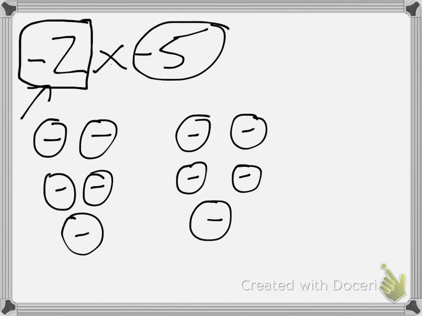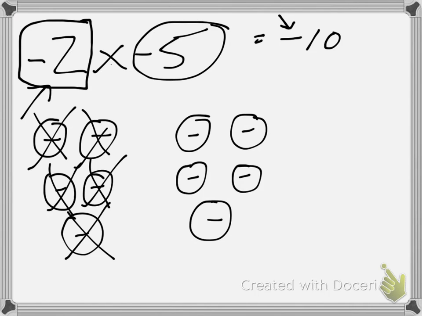Now, that might not make a lot of sense, but if you think about what this looks like, with 2 groups of $5 in the hole, you're already owing $10. So you're already negative $10 in the hole. But if you're subtracting 2 groups of 5, what that means is that you're actually taking away some of that debt. So if I show that by scratching off, if we subtract 1 group of 5, we've improved our situation by $5.